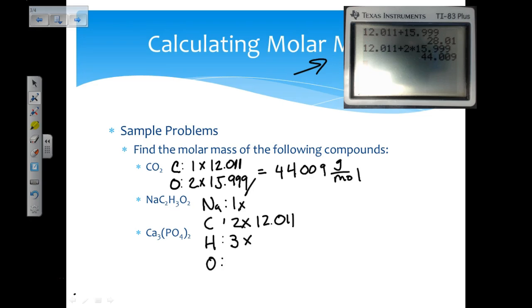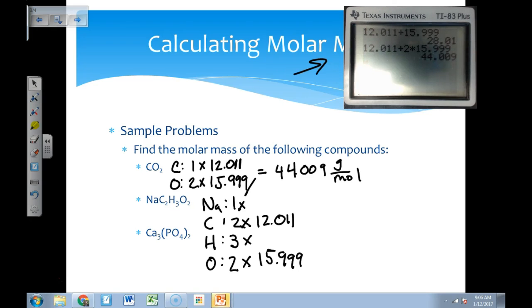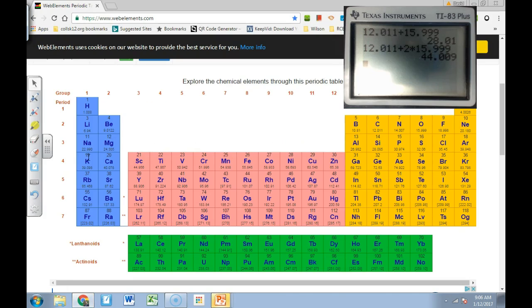And then oxygen is 2 times, and we already have that one, 15.999. And you'll find, or at least I find, that I get to know the masses on the periodic table because I calculate molar mass so much. Okay. So we need sodium and hydrogen. Sodium has a mass of 22.990, and hydrogen has a mass of 1.008.